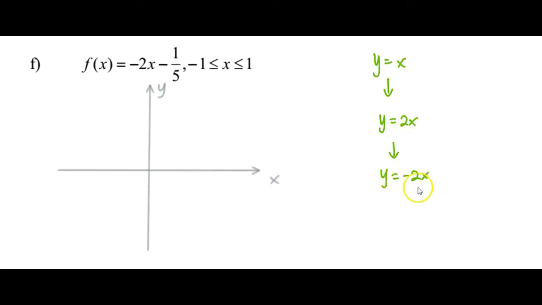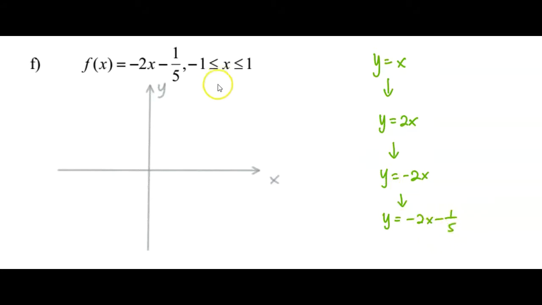When the 2x becomes negative 2x, you know the graph will be reflected about the x-axis. After that, I consider the negative 1 over 5, meaning that your graph of y equals negative 2x will be moved down by 1 over 5 unit. So this graph will become negative 2x minus 1 over 5.